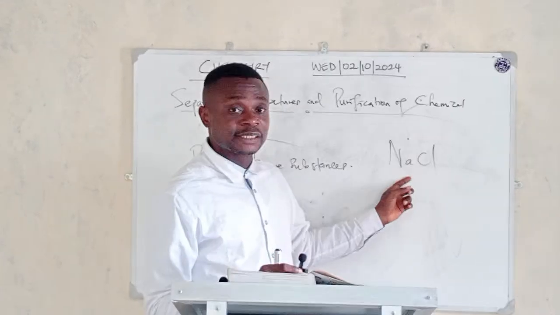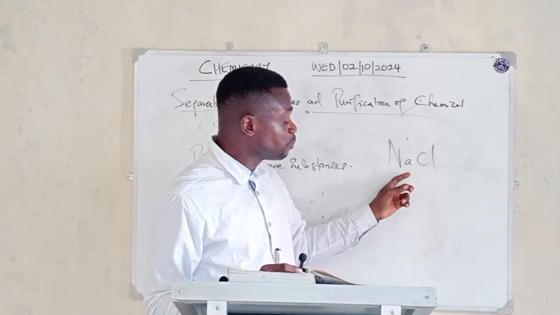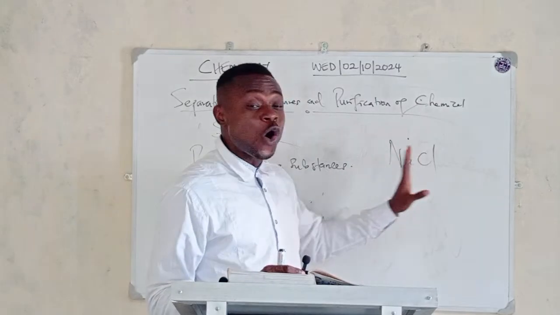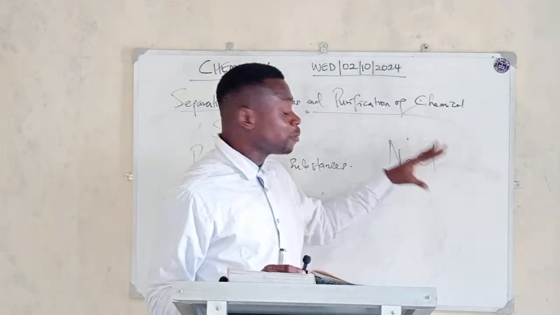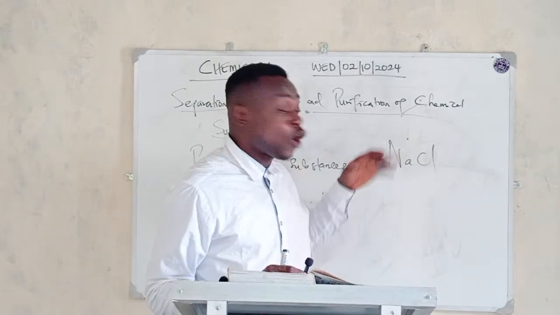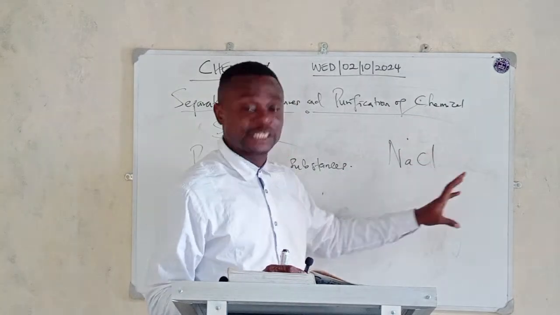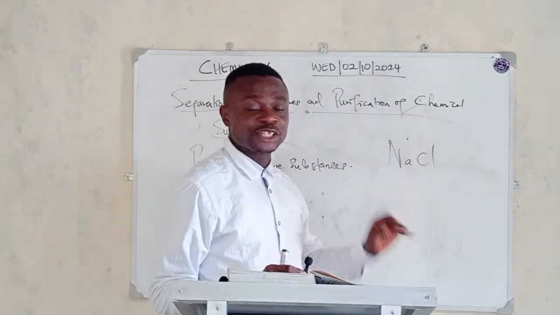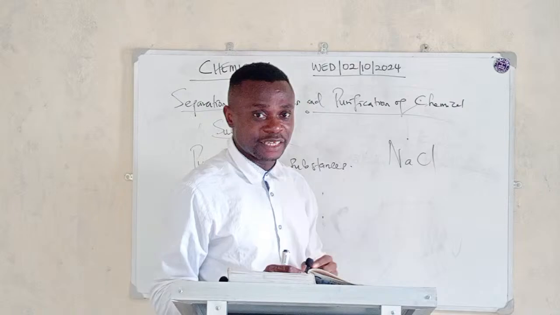This substance known as sodium chloride is pure because there is no other substance with another chemical formula or compound combined with it. So it's just pure on its own. There is no other combination with any other thing.